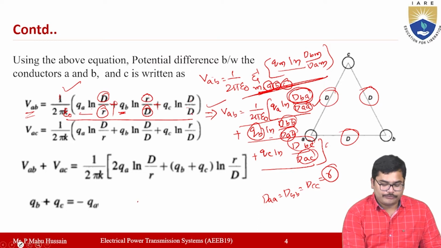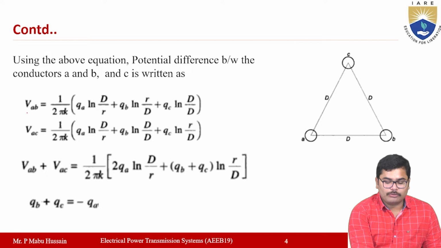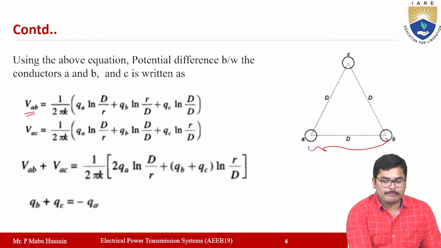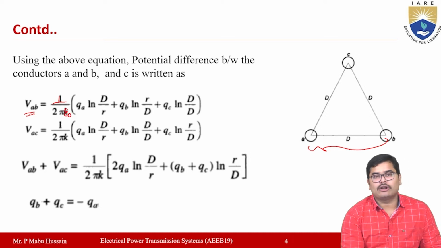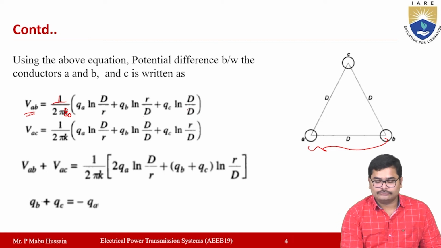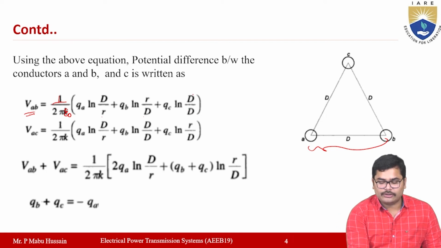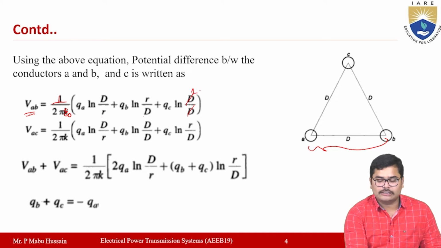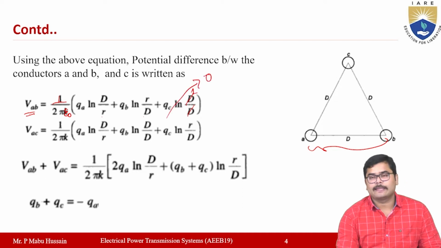Okay, so finally the potential difference between these two conductors A and B will be equal to 1 by 2 pi epsilon naught QA ln D by R plus QB ln R by D plus QC ln D by D. From this, D and D get cancelled, and ln 1 will become equal to 0.